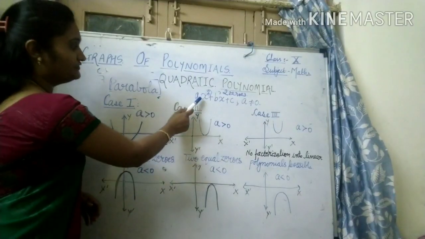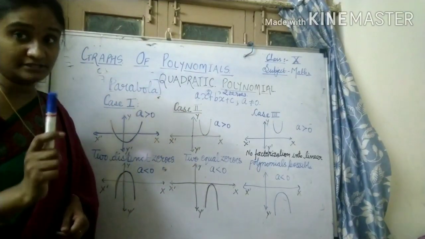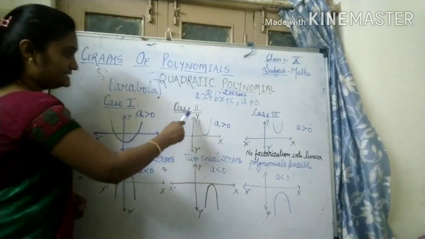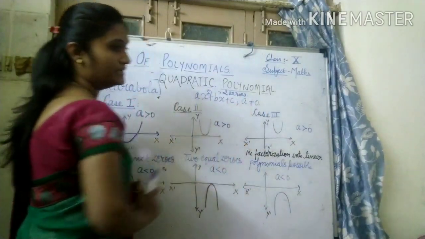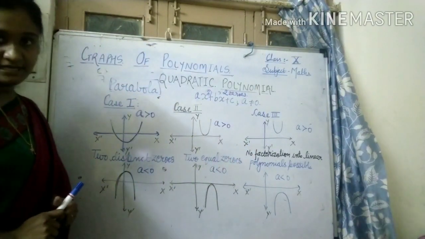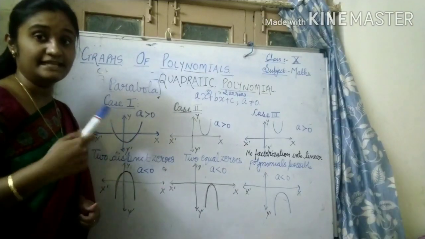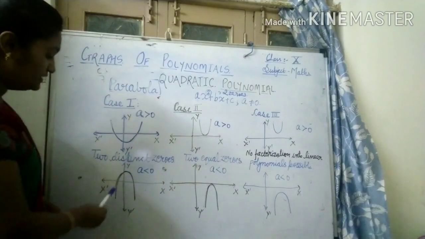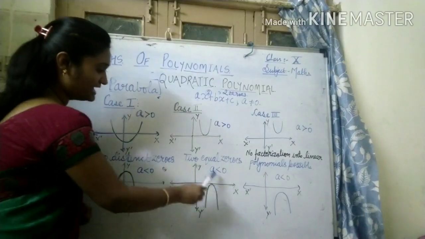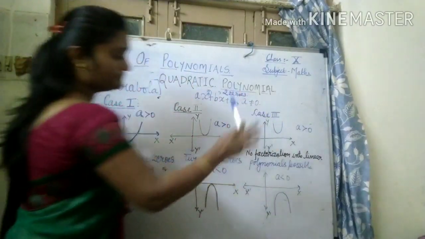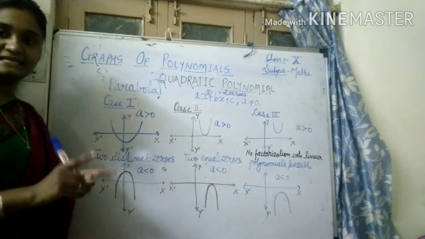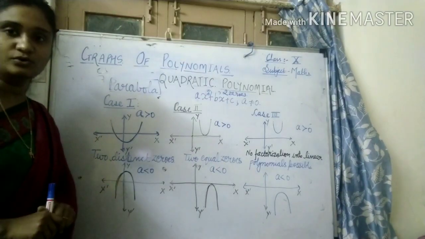If the coefficient of x square a is positive, you will always get a parabola which opens upward. Similarly, if the value of a is negative, that is less than 0, you will always get a parabola facing downwards, open downwards. Clear?